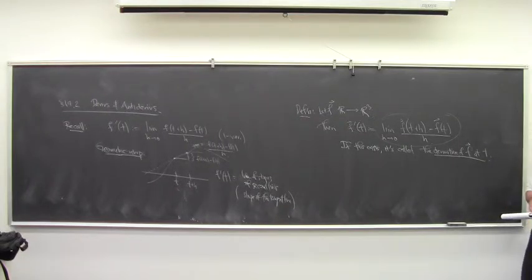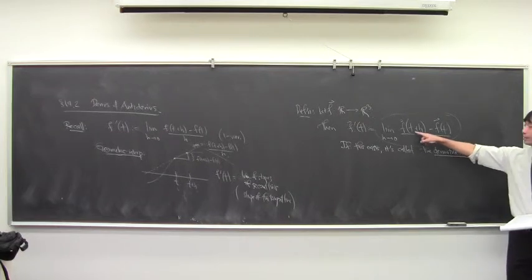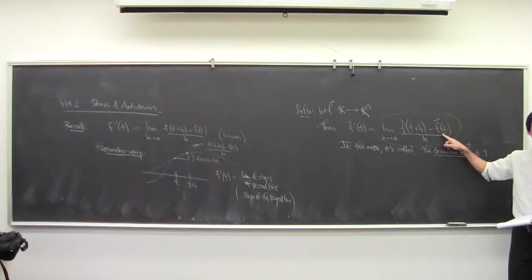Well, you've got a vector, and you're subtracting off another vector. So far it's just a difference of vectors, which is a vector. And then you divide by some number, so you're scaling it by 1 over h. So it's another vector.